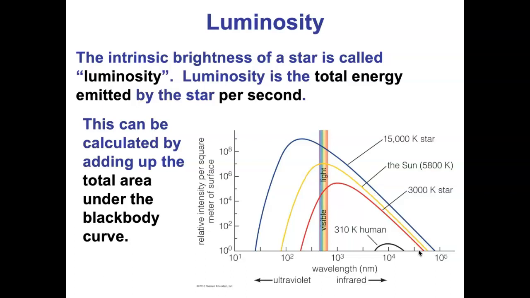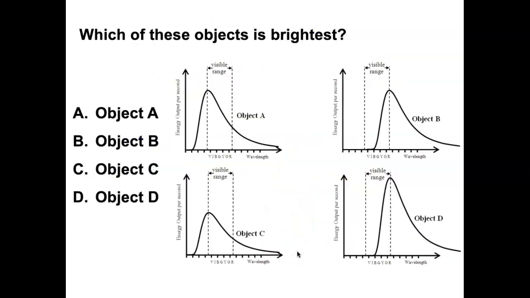That's the luminosity. Like we said before, hotter stars tend to be brighter. Cooler stars tend to be fainter because they're giving off less light at all wavelengths. So you can take the area under the curve and get a sense of the luminosity. The greater the area under the curve, the brighter the star must be in total.